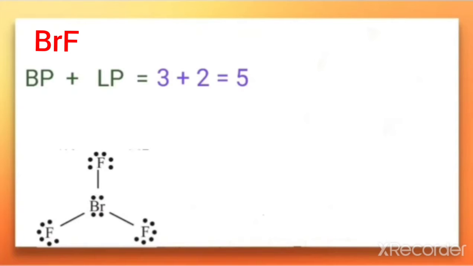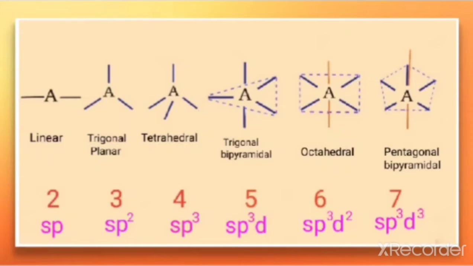Now you are getting the number 5. So just go into the chart: 5 means what geometry? That is trigonal bipyramidal. So you have to learn in this way. Once you have learned the chart, you can easily come up with the structure. Because we got the total number of bond pairs and lone pairs as 5, the geometry is trigonal bipyramid and the hybridization is sp3d.